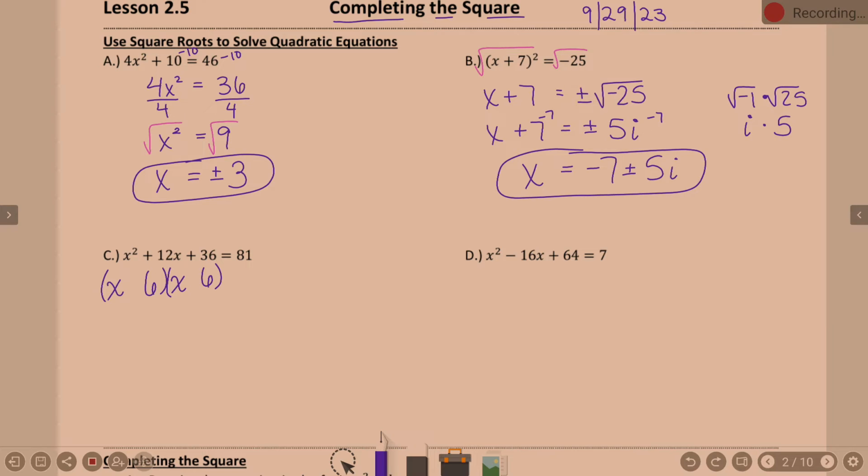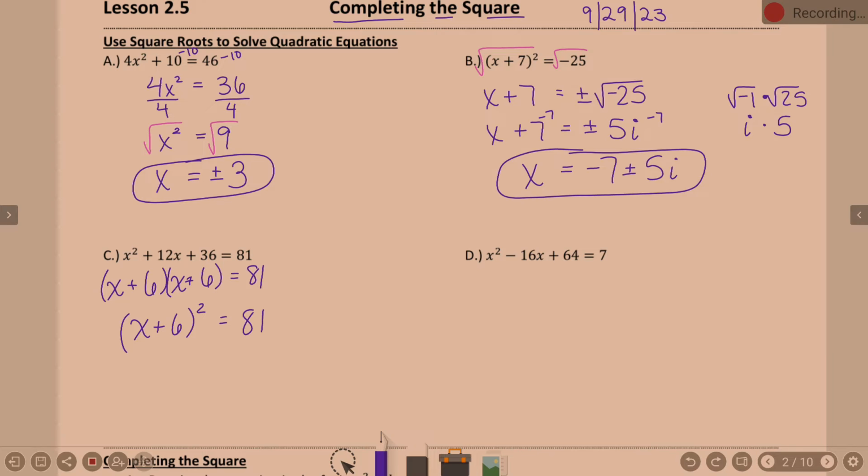And they multiply to be positive, add to be positive, so they're both positive. And this does still equal 81. The reason I went this direction is because that factored into 2 identical parentheses. X plus 6 times x plus 6 could be written as x plus 6 squared.